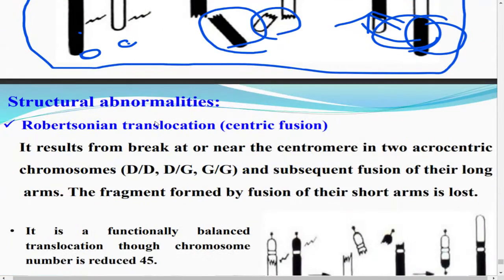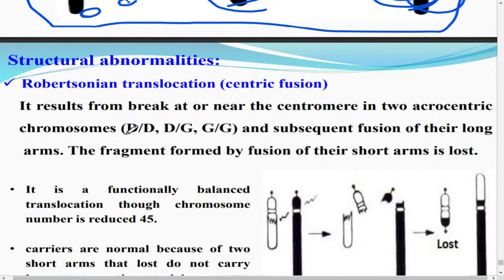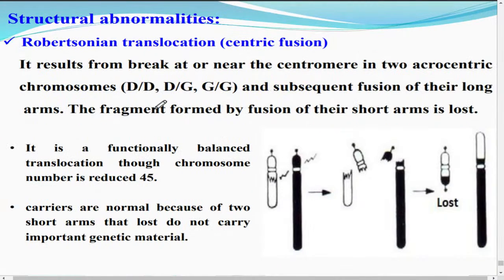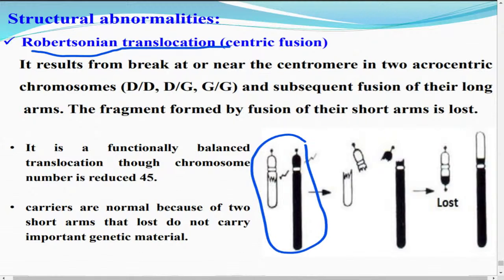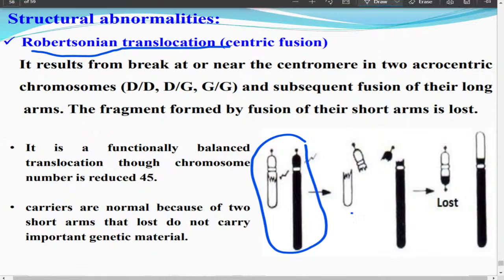There is another one called Robertsonian translocation, centric fusion. This one here, these two pairs of chromosomes. Then we have this one is broken.